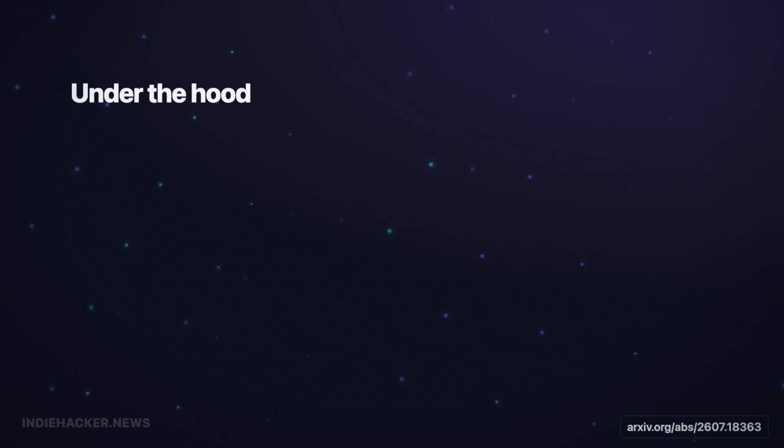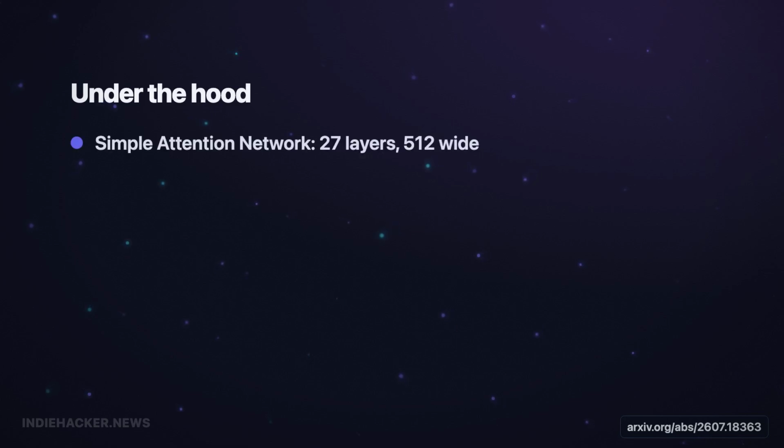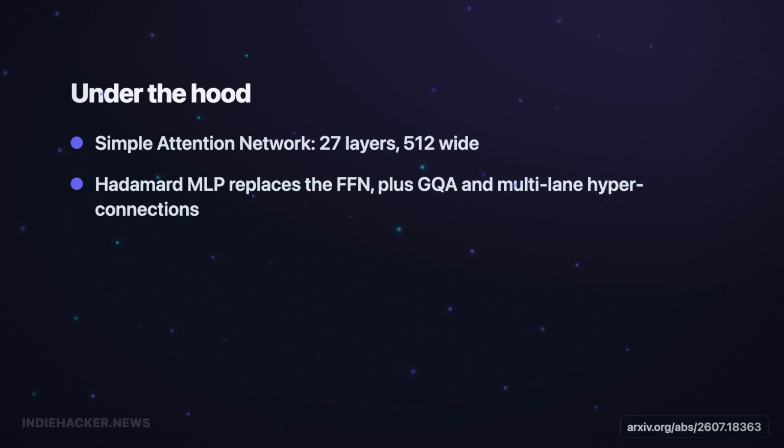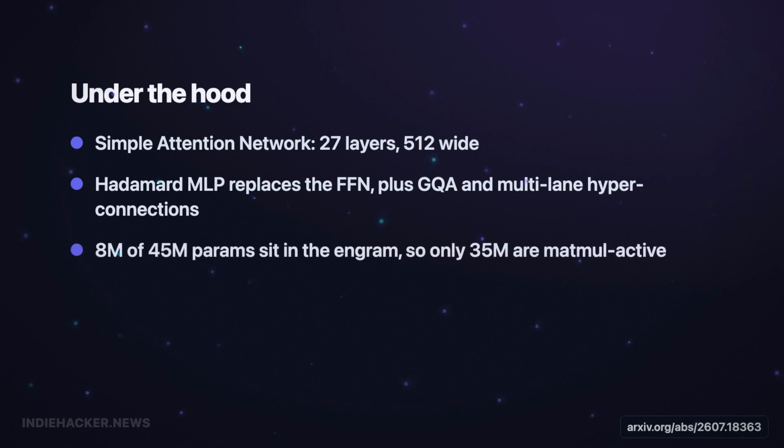The architecture has a name and a paper behind it, Simple Attention Network. 27 layers, 512 wide, with a Hadamard MLP, where the feed-forward block usually sits, grouped query attention, and multi-lane hyperconnections. 8 of the 45 million parameters live in the n-gram, read by a gather and costing no arithmetic, which is why only 35 million of them are Matmul active.